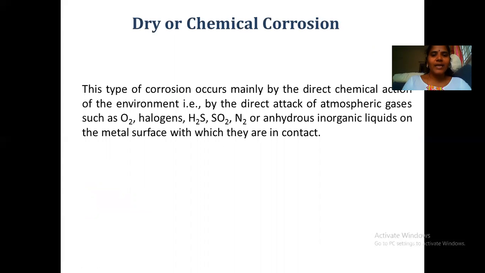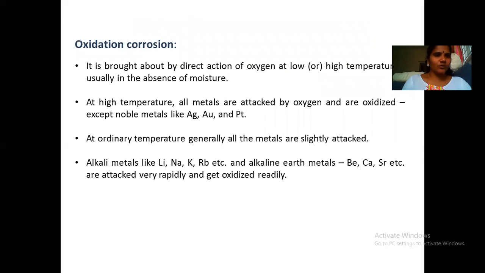It can be any gas with which a metal is in direct contact in that atmosphere, that environment, and it may result in dry corrosion. The rate of dry corrosion is very slow compared to electrochemical corrosion or wet corrosion.